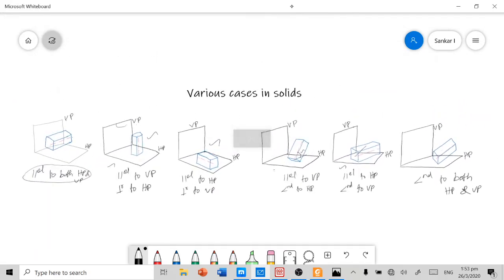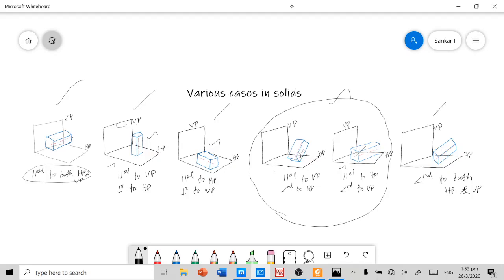So we are going to exclusively draw problems in this one, solid axis parallel to one plane and inclined to another plane. Drawing answers in all the cases is possible in the change of position method which we are following, but we are going to concentrate only on the solid axis parallel to one plane and inclined to another plane.